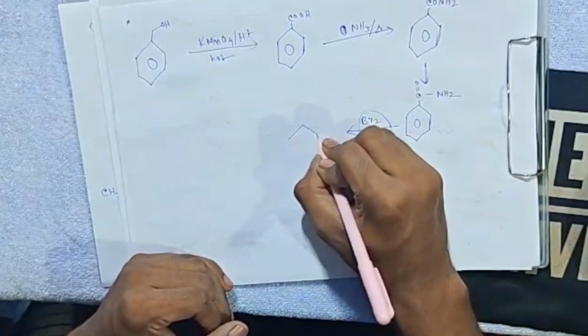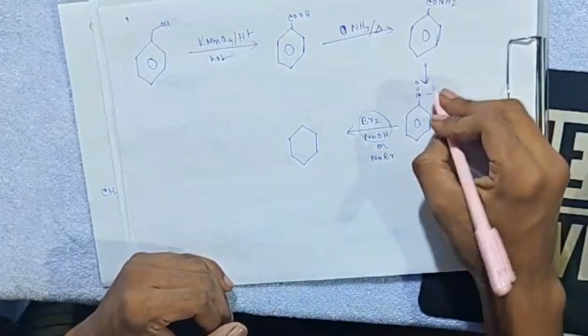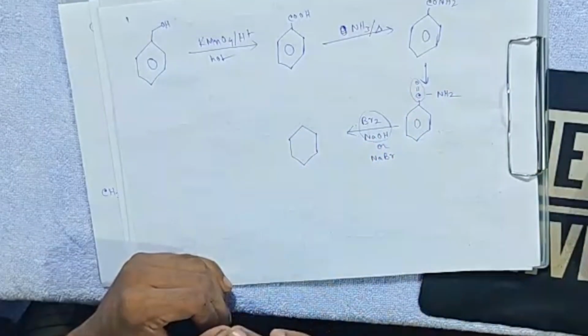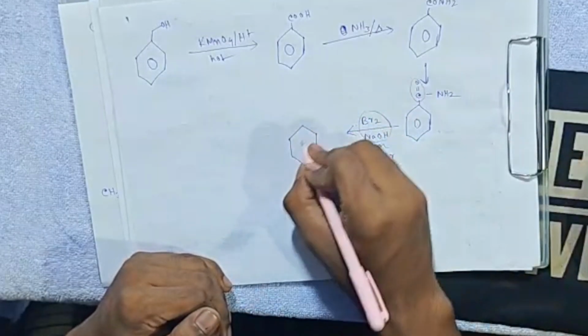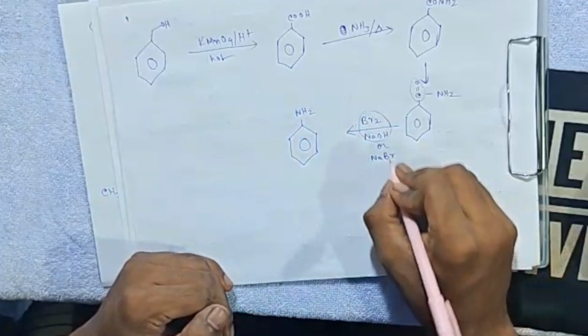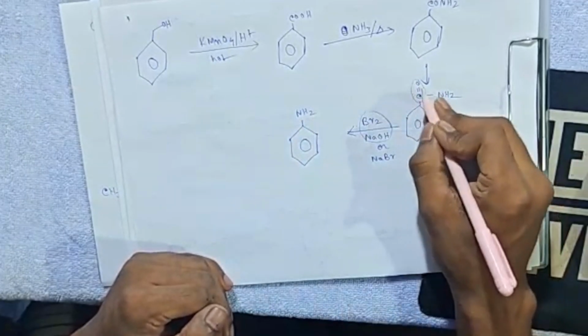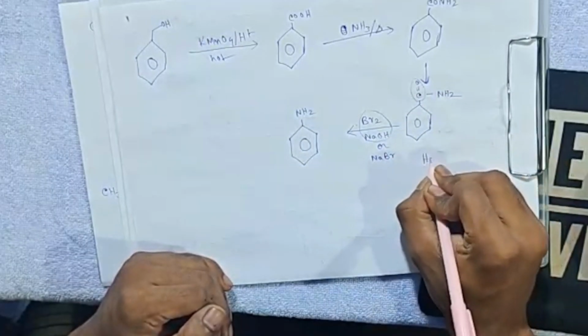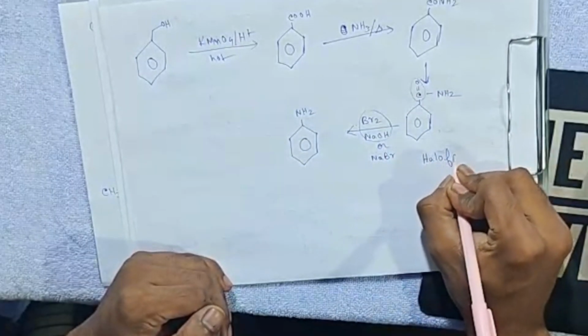If you give this, the CO group will totally get removed, and NH2 will attach. This reaction of removing the CO group, that is Br2/NaOH, is called the haloform reaction. Haloform reaction.